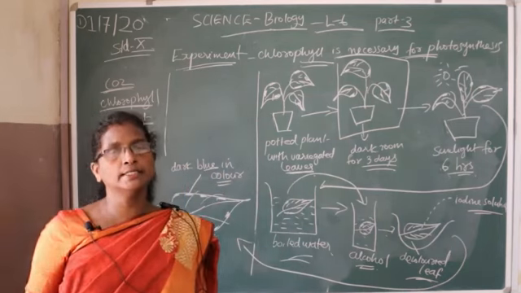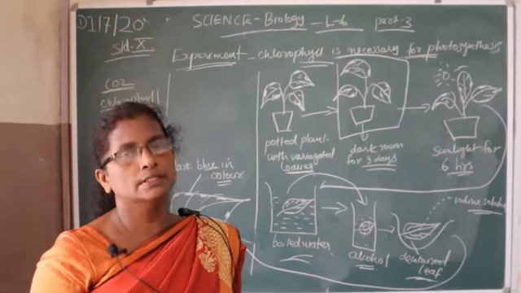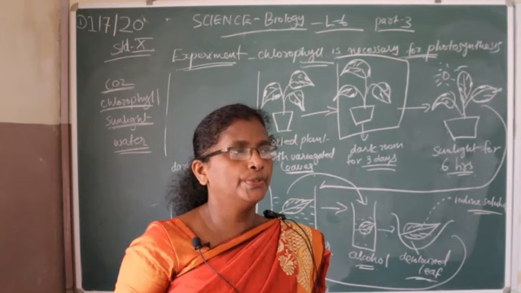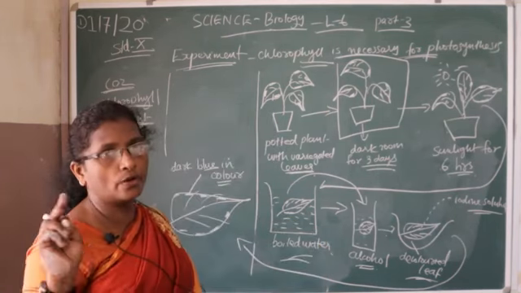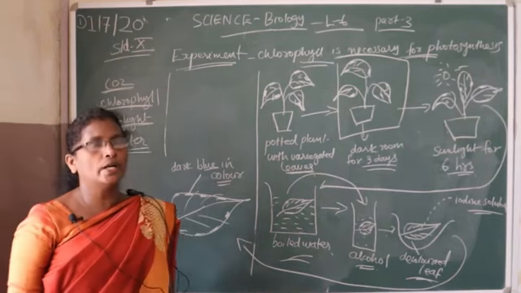This means that the green part of the leaf stores starch, so it was able to do photosynthesis in those 6 hours of sunlight. So from this activity, what did we conclude?